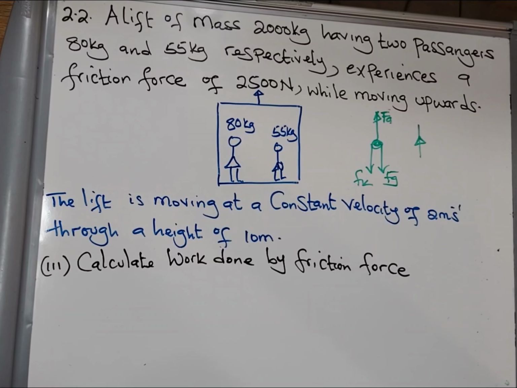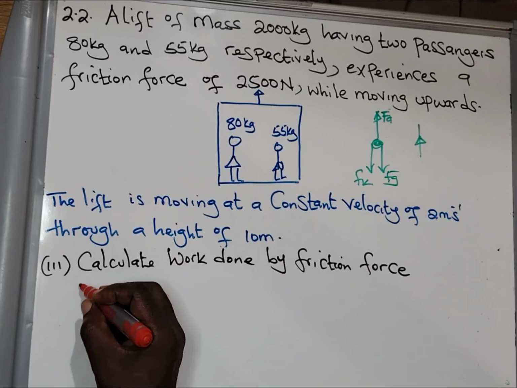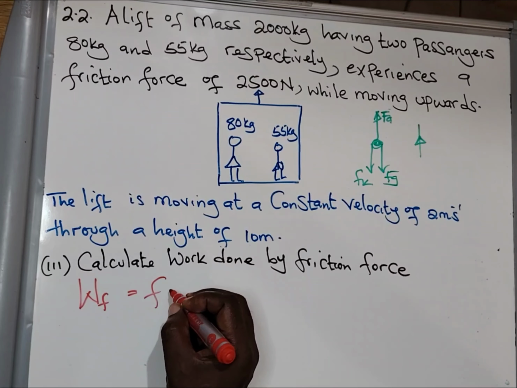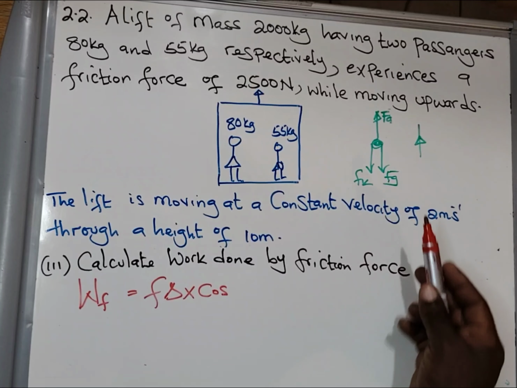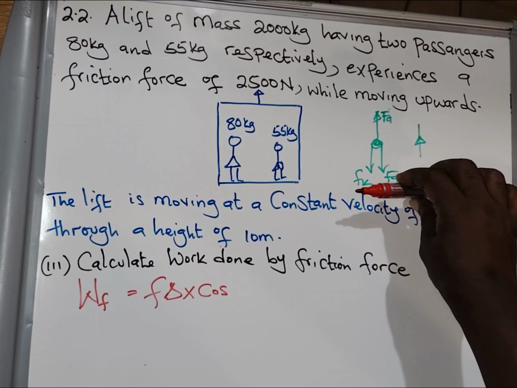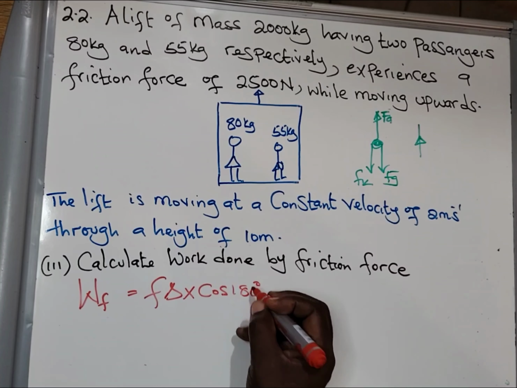So comes this question. It says calculate the work done by the friction force. How do you go about this? We know that work done by friction force is equal to friction force times displacement times cos of the angle. What's the angle? Friction force is acting downwards, but the lift is going upwards, so the angle is 180 degrees.